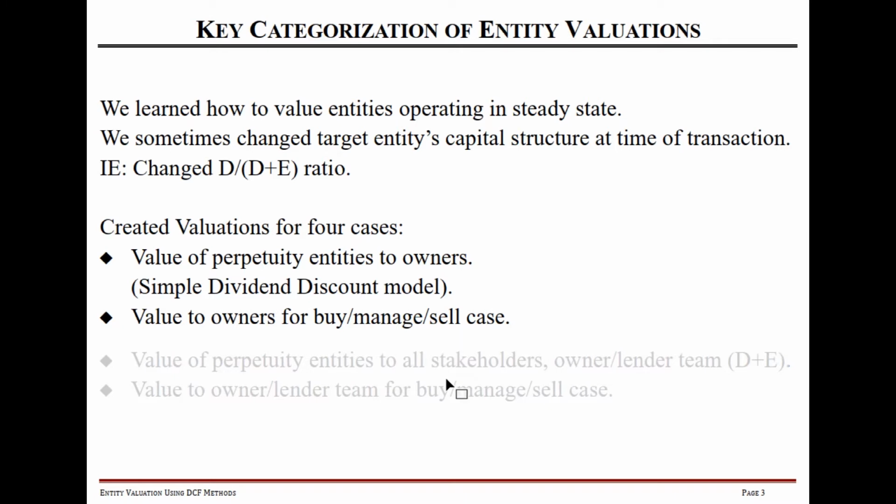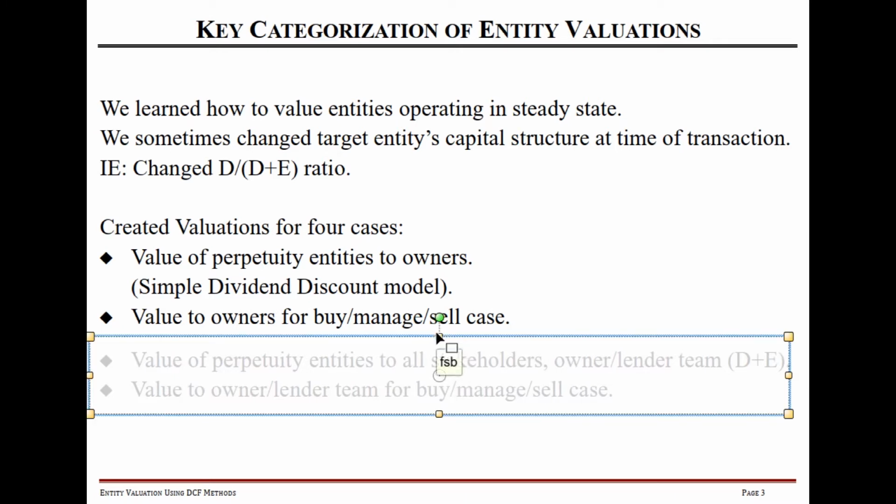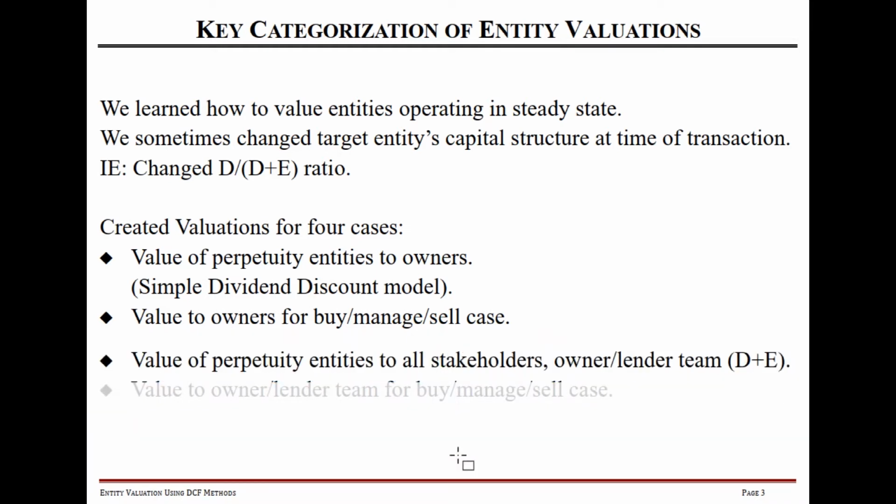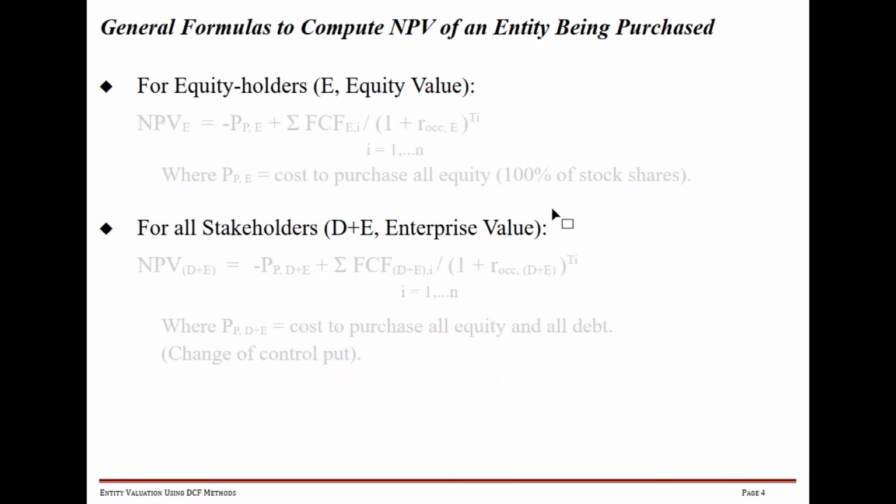That, again, is the typical private equity kind of case. And then thirdly, we looked at the value of perpetuity entities from the perspective of all stakeholders. So that would be our owner-lender team, which I sometimes called for short our D plus E team. And then finally, we looked at the value to an owner-lender team, all stakeholders, for the buy, manage, sell case. So that adds up to four cases that we looked at.